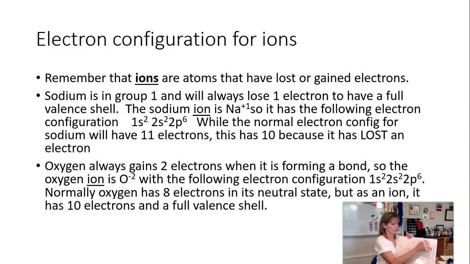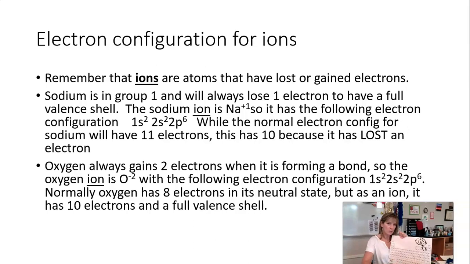All right. First energy level, 2 electrons. Second energy level, which is where oxygen is, 1, 2, 3, 4, 5, 6. 6 valence electrons. So oxygen always likes to gain 2 electrons.